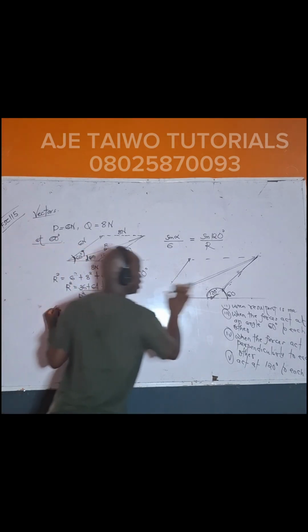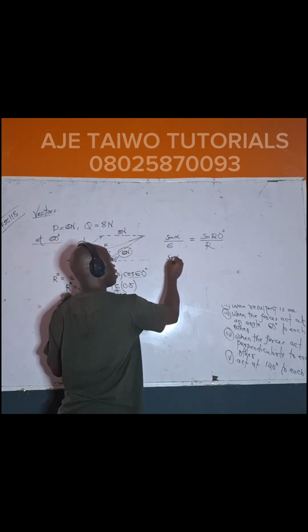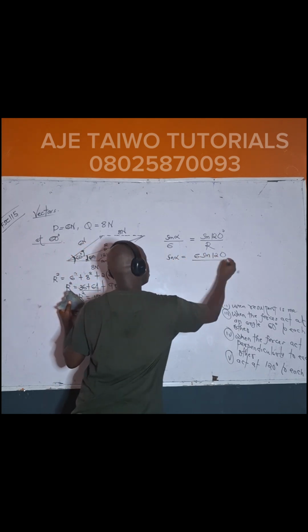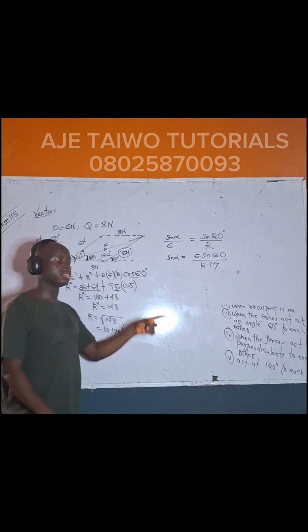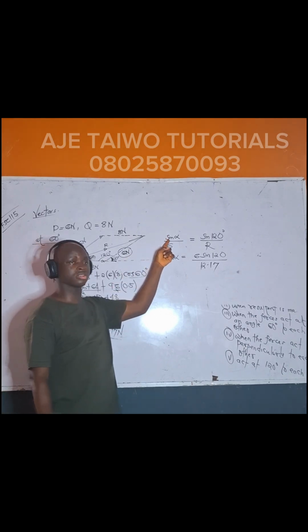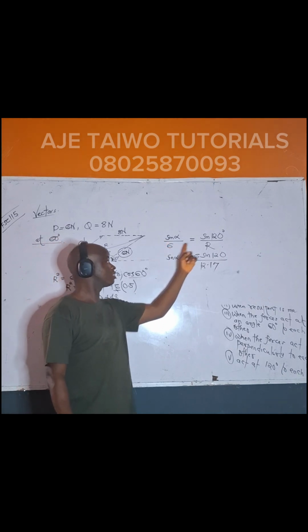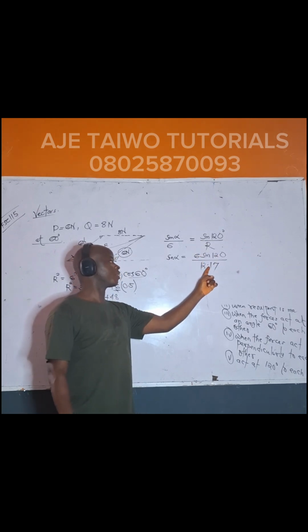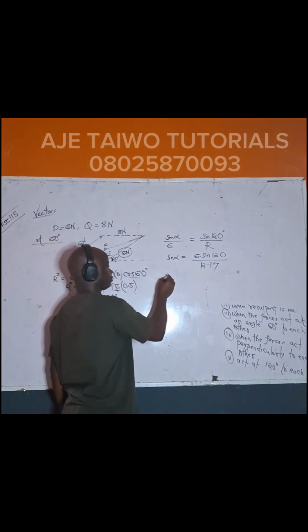Alright, good. So let's get that alpha. Sine alpha equals 6 sine 120 all over 12.17. Who knows what I did? I've made sine alpha the subject of the formula. I took 6 to that side. I replaced R with 12.17.